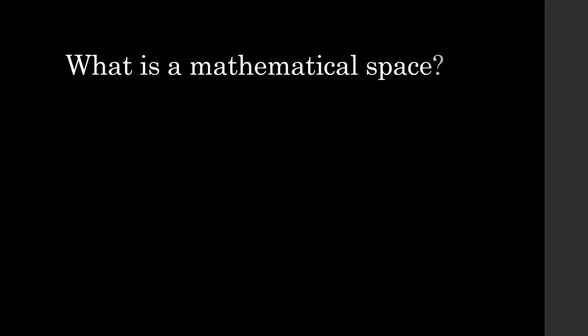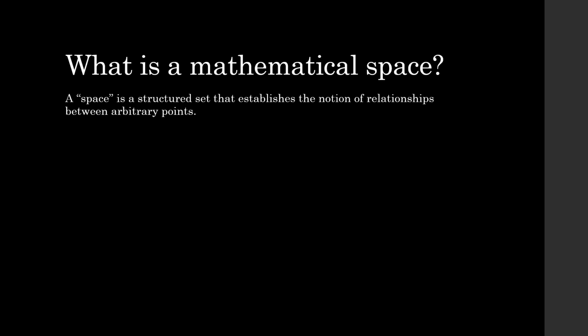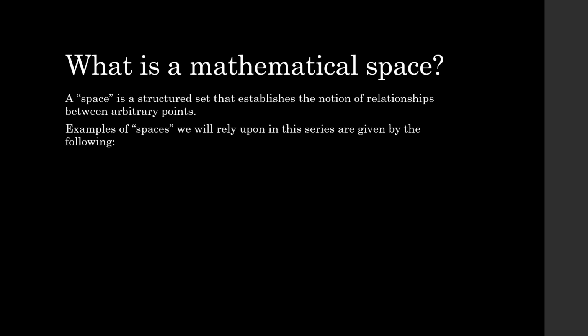So first we'll ask the question, what is a mathematical space? A space is a structured set that establishes the notion of relationships between arbitrary points. Examples of spaces we will rely upon in this series are given by the following. We'll go over what topological spaces are.